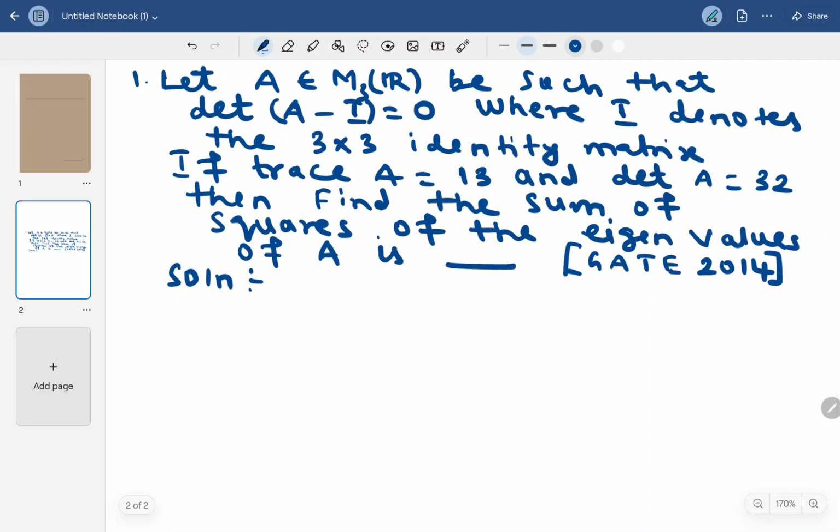Since A belongs to M3(R), it is a 3 cross 3 matrix. This A must have 3 eigenvalues.